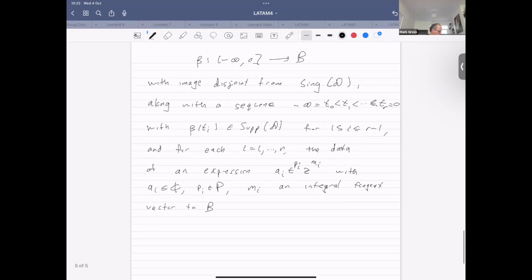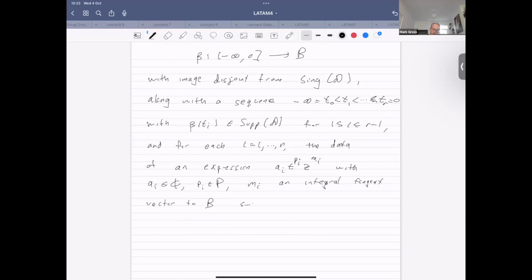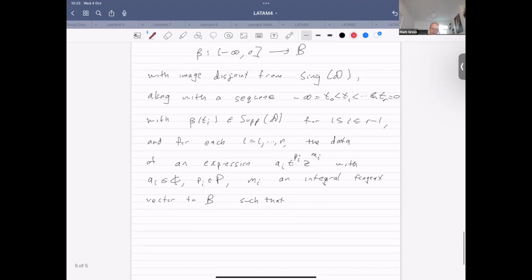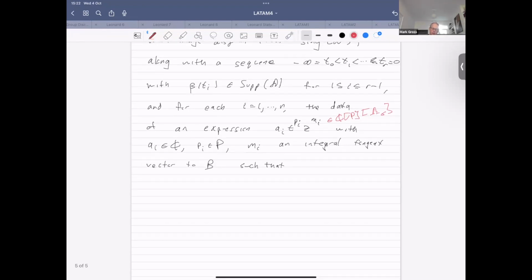Notice you can think of this as living in one of these rings, C[P][Λ_σ] for some maximal cone σ. Maybe I say σ_i.